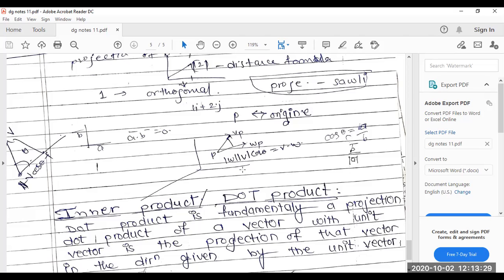Rather, the dot product originated from our simple calculations. That is, suppose you want to find the product of 2 and 3, directly you will say it is 6. But if you want to perform this on 2D or 3D space, right?